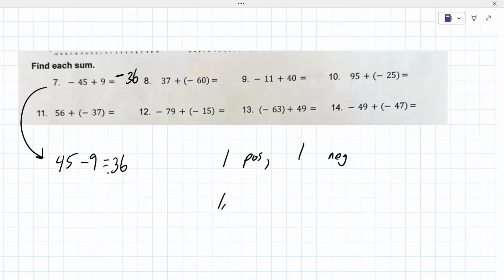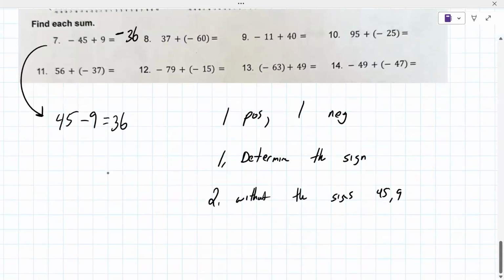You first determine the sign of the answer. Then you look at the numbers without the sign, in this case a 45 and a 9. You take the larger and subtract the smaller without the signs. Okay.